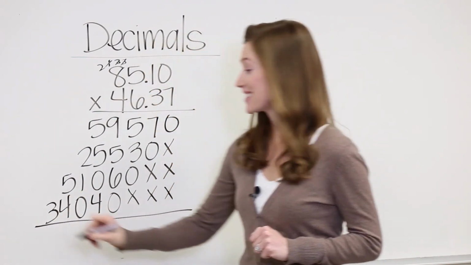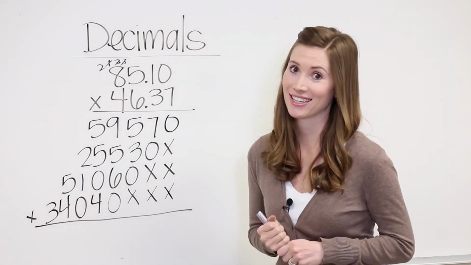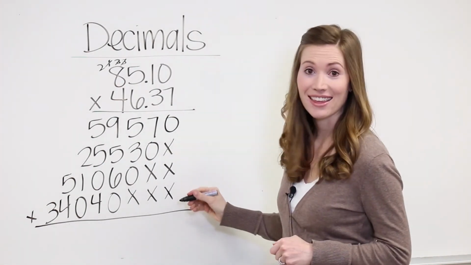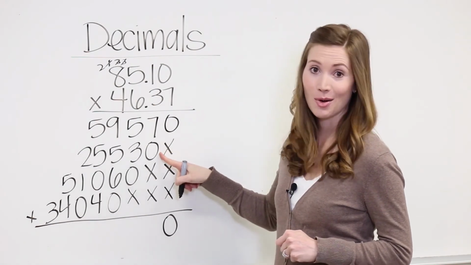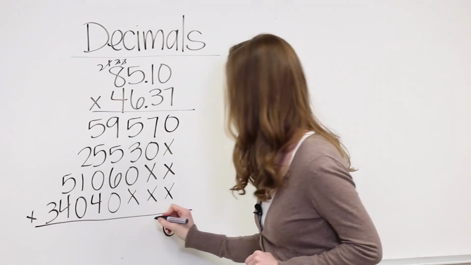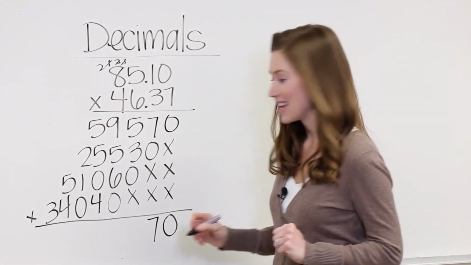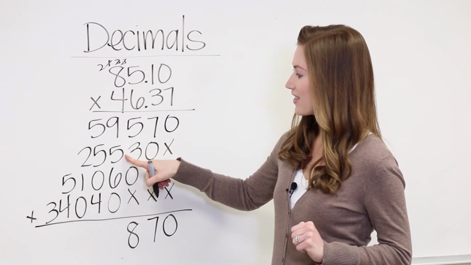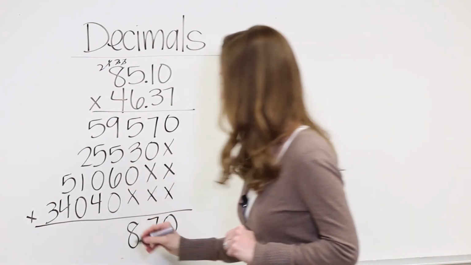Okay, now it is time to add all of these numbers to get our final product. At last, we're almost there. 0 plus nothing is 0. 7 plus 0 plus nothing is 7. 5 plus 3 is 8. 9 plus 5 is 14. Plus 6 is 20.